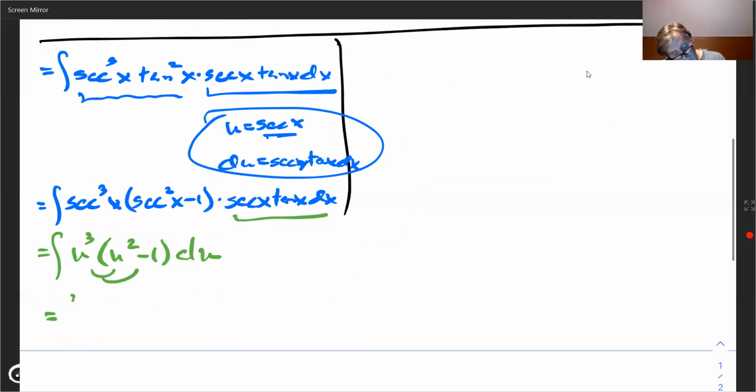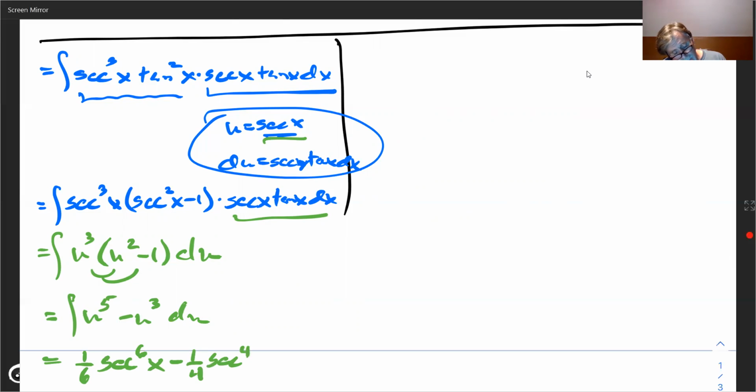So we have the integral u to the 5th minus u cubed du is equal to, let's cut to the chase. It's 1/6 u to the 6th, but u, remember, is secant. So secant to the 6th x minus 1/4 u to the 4th. How about secant to the 4th x? And then plus c, because folks, we're done.